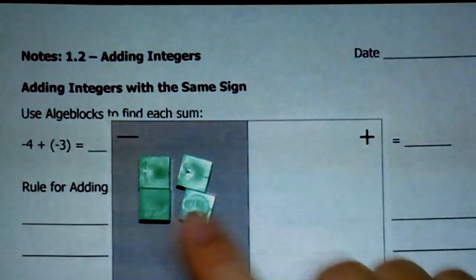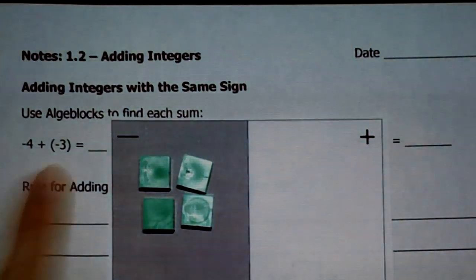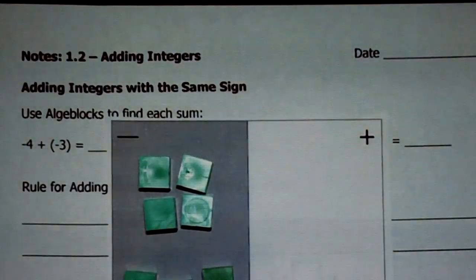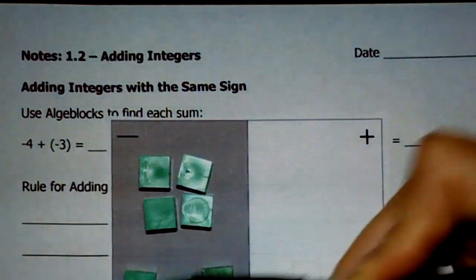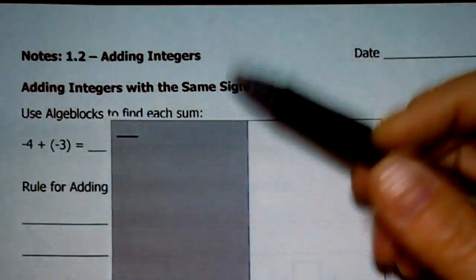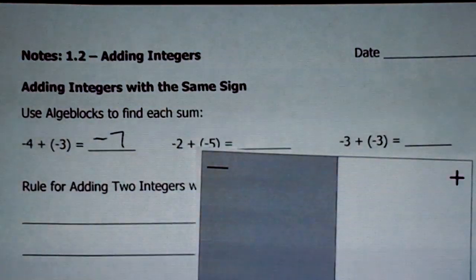There are 4 blocks on the negative side of the mat, and I want to combine 3 negative blocks with that. So I'm going to put 3 negative blocks on the mat. Now all we have to do to add is put it all together, right? So we have 1, 2, 3, 4, 5, 6, 7 blocks on the negative side of the mat. That means that a negative 4 plus a negative 3 is a negative 7.